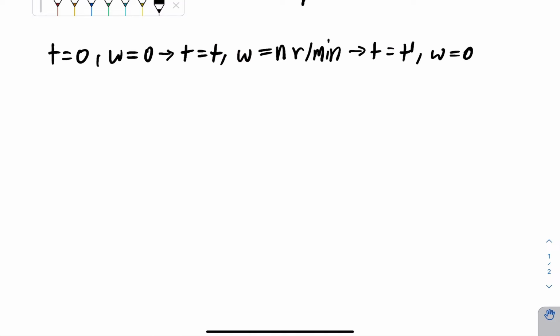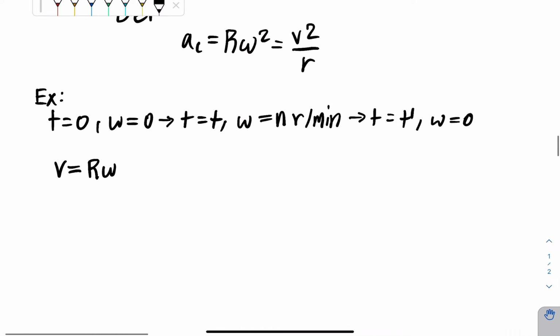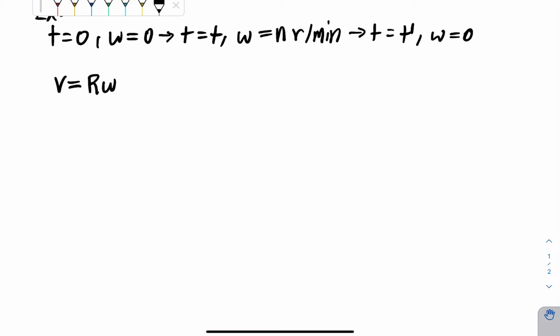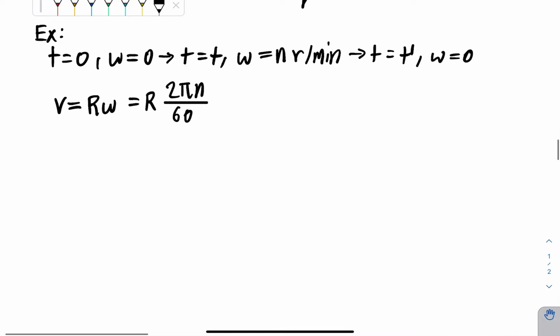So we're really looking for velocity. I'll put a little example note up here so we know we're doing an example. V equals r times omega, right? And we have r, which is the radius, times 2 pi n over 60. Right, so where are we getting that? We have n RPM. So to find omega, we need to go from frequency, because we have n RPM here.